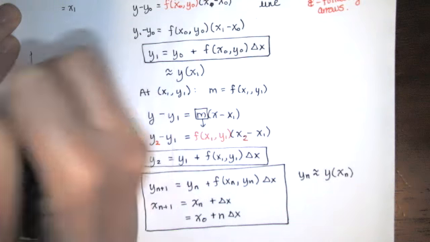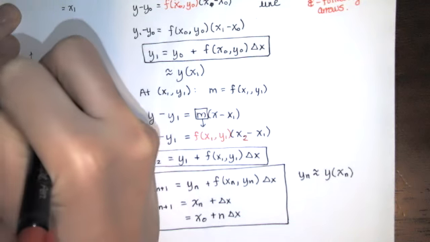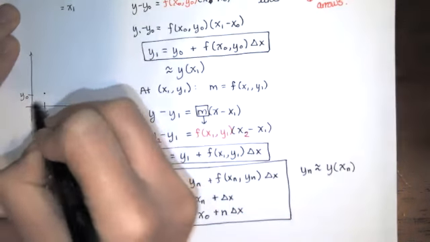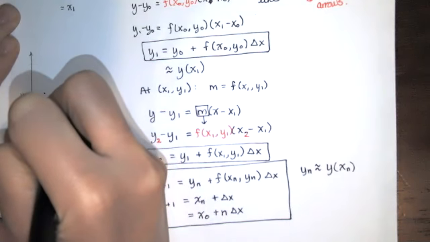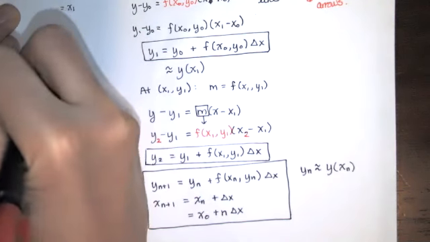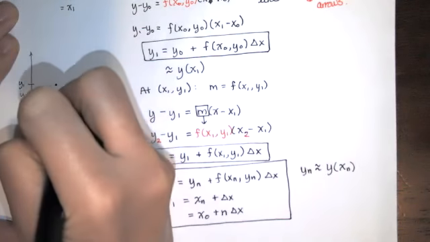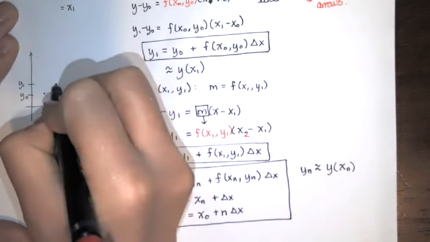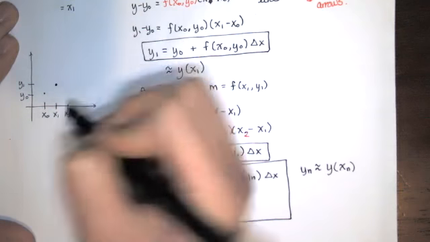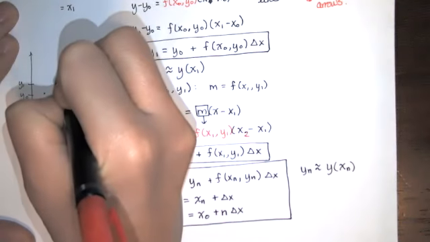So what you end up doing is you start at x naught, y naught. You use the tangent line to find the solution at a nearby point, x1, to approximate the solution there. And then you use the tangent line at this location to find the solution at a nearby point, x2.